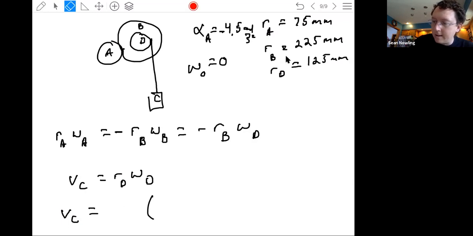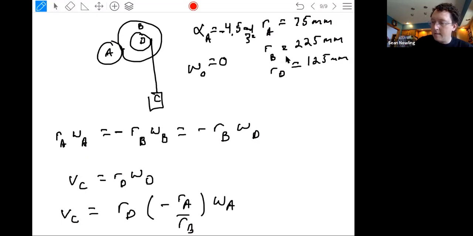Wrote the wrong thing here. I want to write that as RD times omega D, but I can relate omega D from up here. I can relate that to omega sub A with some other little factors. So I get minus RA over RB times omega A. Okay, so if I can find omega A, I'm done.